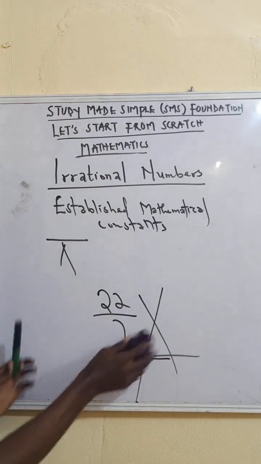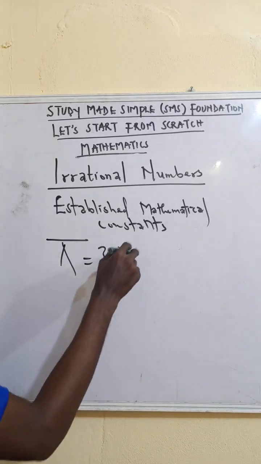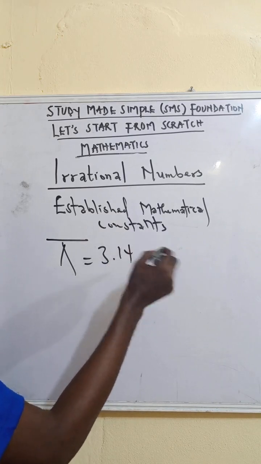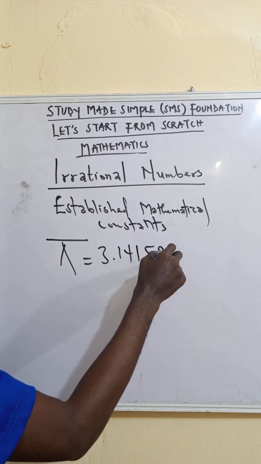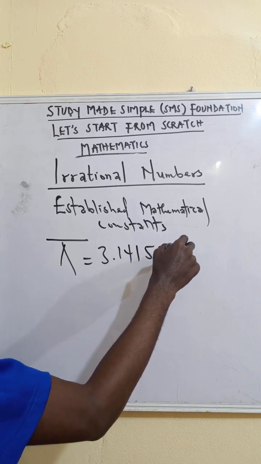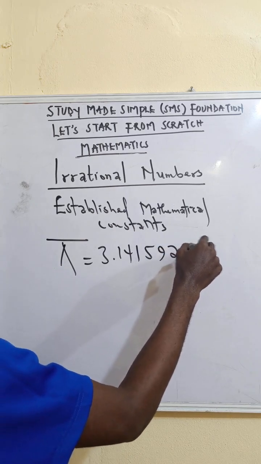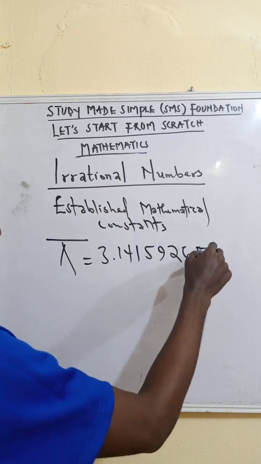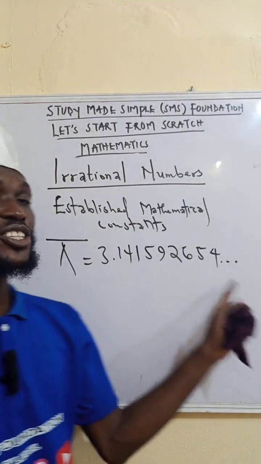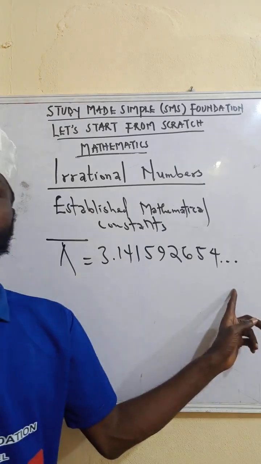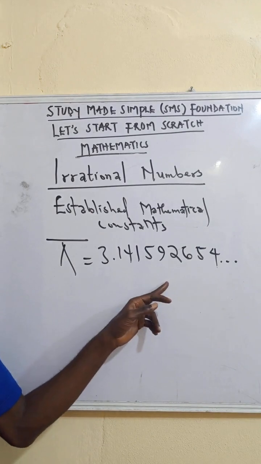The actual value of pi is 3.1592654 and so on. If you press pi in your calculator and press equal to, you will get something like this. So this is an irrational number. You can see no regular fashion.